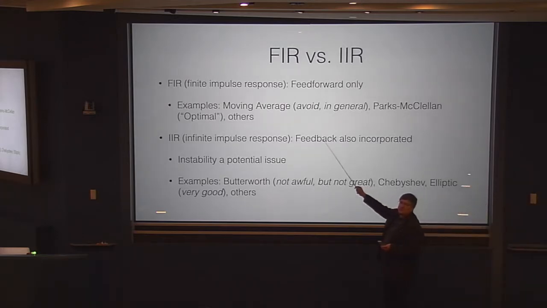Avoid moving averages in general as an FIR filter, because they have really terrible spectral properties. They look nice and pretty because it's like, oh, I'll just take 4 neighbors or 5 neighbors and average them together. Turns out those are not so good.